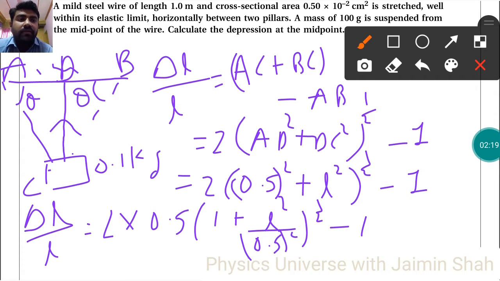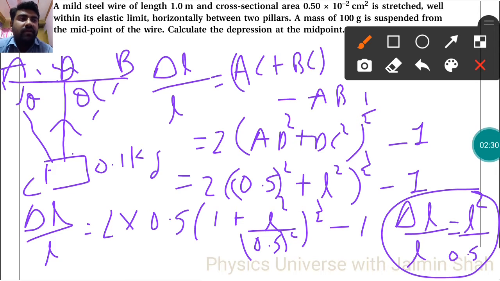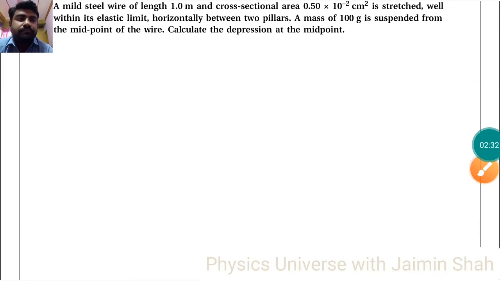All higher terms are neglected, so we are left with delta L upon L equal to L square upon 0.5. That is our delta L upon L.